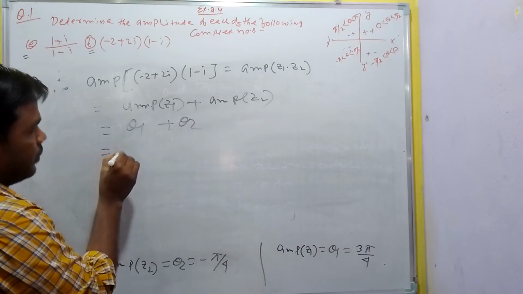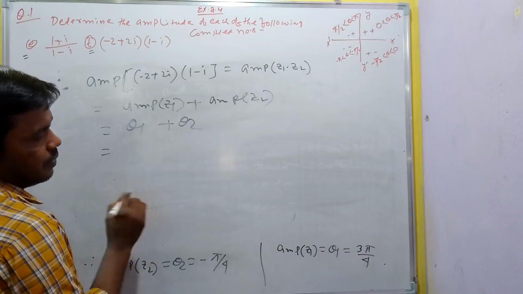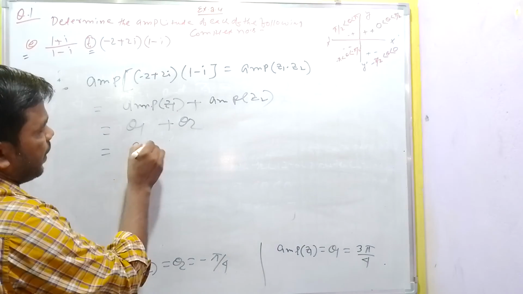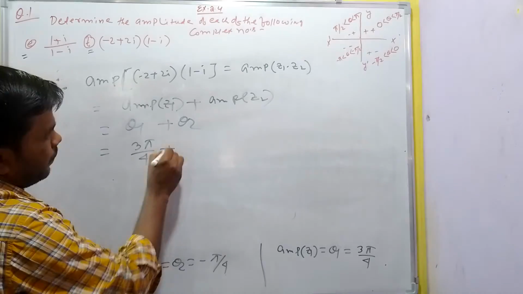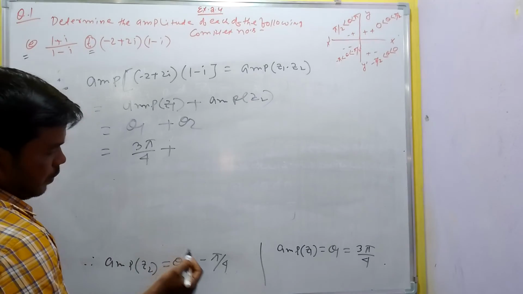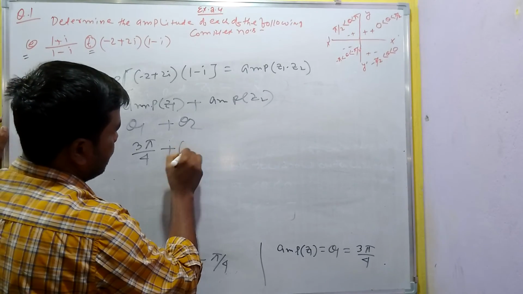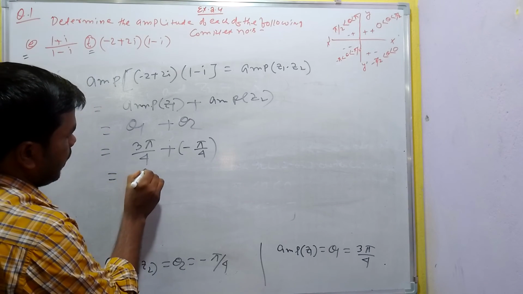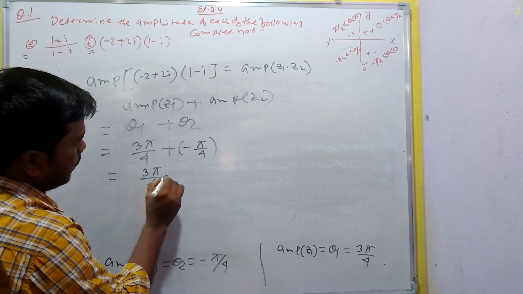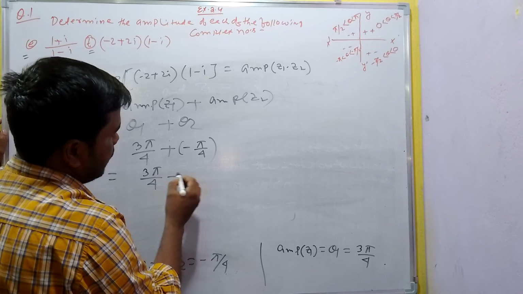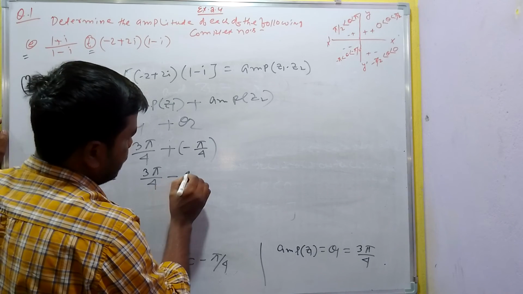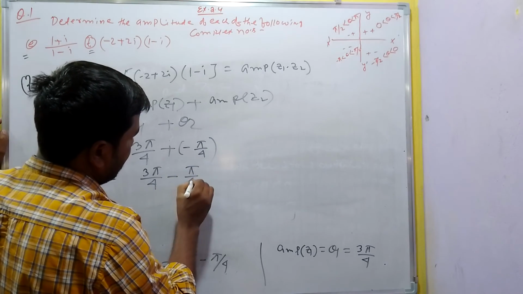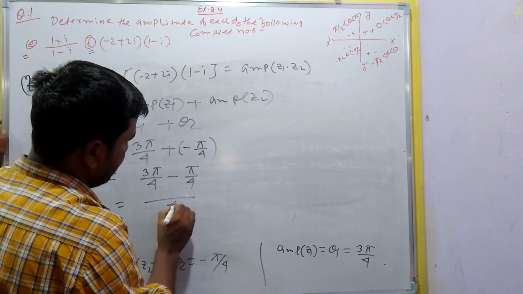Now theta 1 you got 3 pi by 4, plus theta 2 minus pi by 4. So 3 pi by 4 minus pi by 4. You take LCM, which is 4.